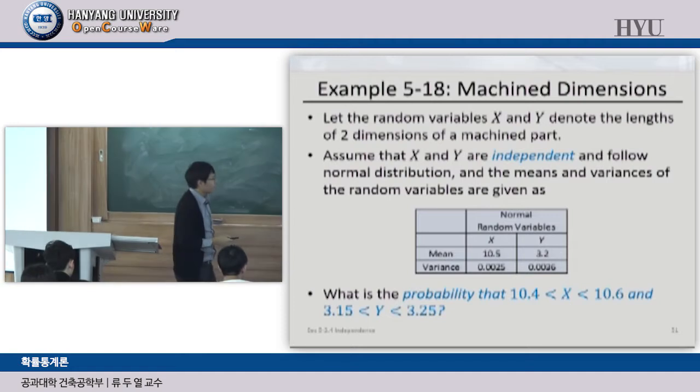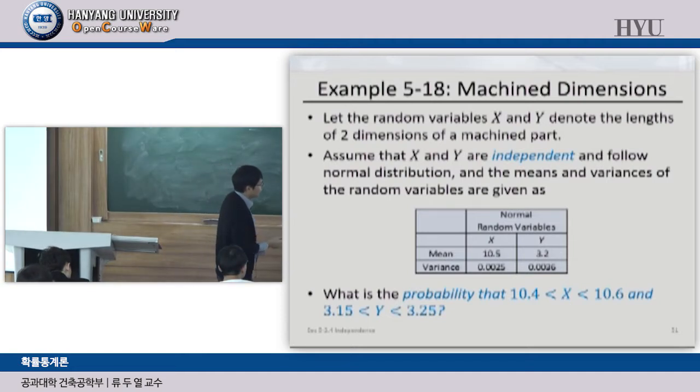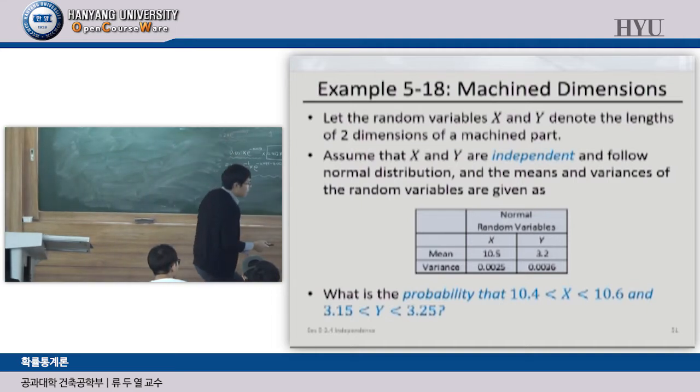And the question said that the random variables x and y follow the normal distribution, which means that we can use the standard normal random variable to use the appendix table. Also, the example gave the mean and variance.